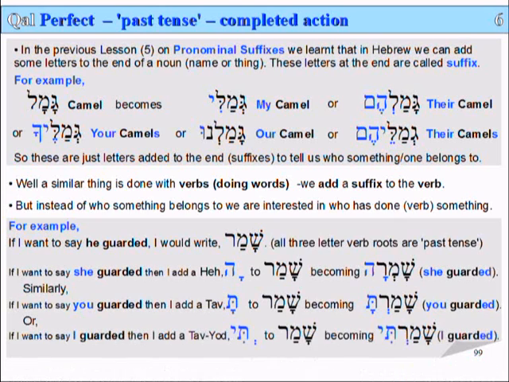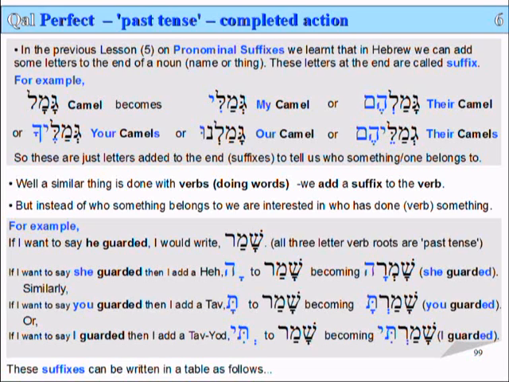Or, if I want to say I guarded, then I add a tav yod to shama, becoming shamati, I guarded. So we have shamra, shamata, and shamati. She guarded, you guarded, I guarded. So we're doing a very similar thing to what we did with pronominal suffixes, but these are suffixes added to a verb, and some of them are similar and some of them are quite different.